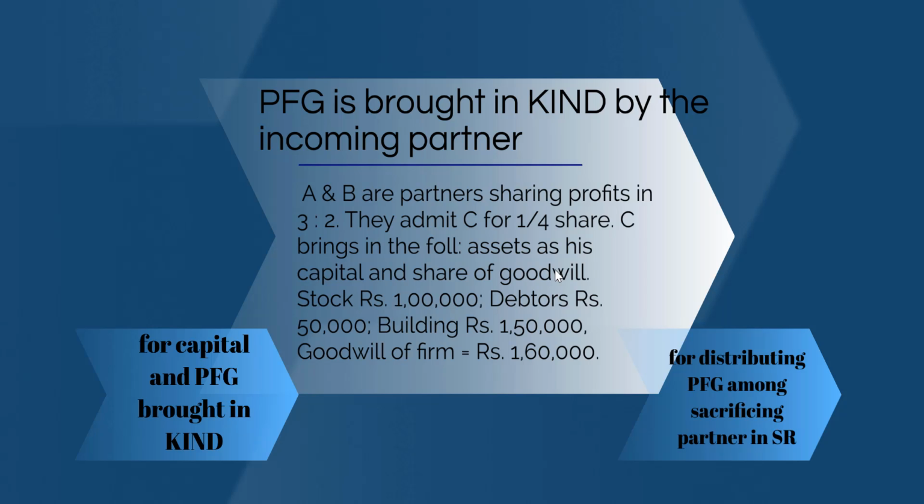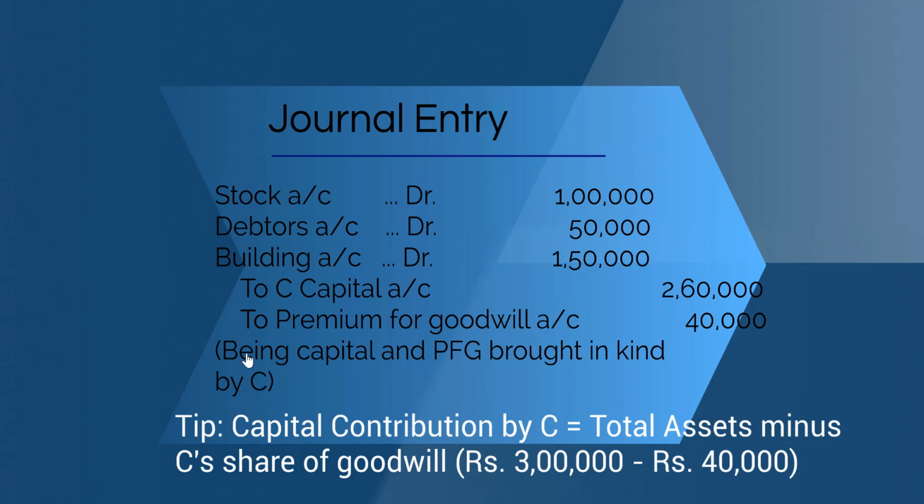So the first journal entry is for the capital and the premium for goodwill, which is brought in kind by incoming partner C. We'll debit stock account with rupees 1 lakh. We'll debit debtors account with rupees 50,000. We'll debit building account with rupees 1 lakh 50,000.